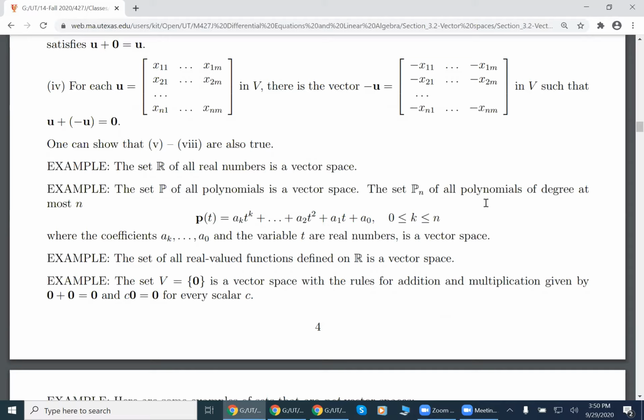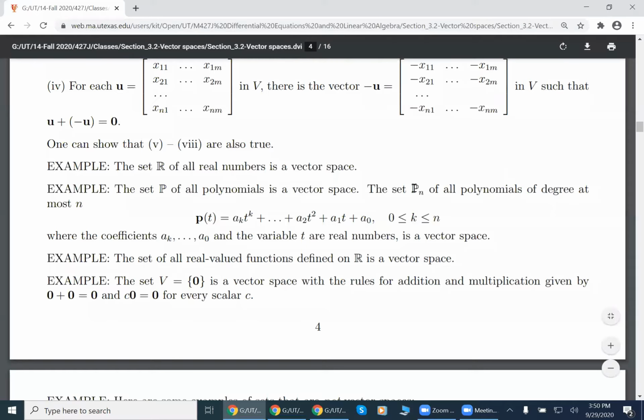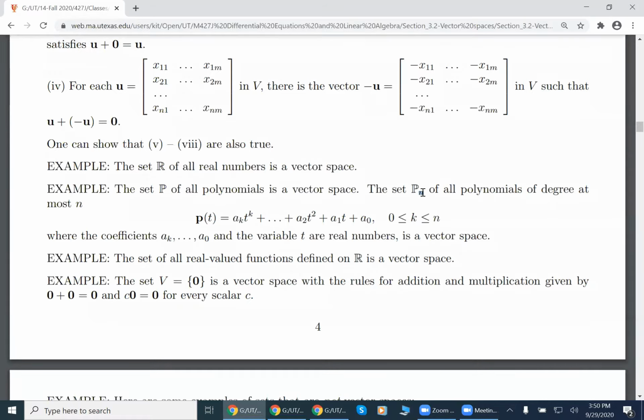If we consider only polynomials of degree 2, there is no 0 here. Here there is 0. P2 is all polynomials of degree 2 and all polynomials of degree 1 and all polynomials of degree 0. However, once again, if we consider the set of all polynomials of degree 2, there is no 0 there. Therefore, this is not a vector space.